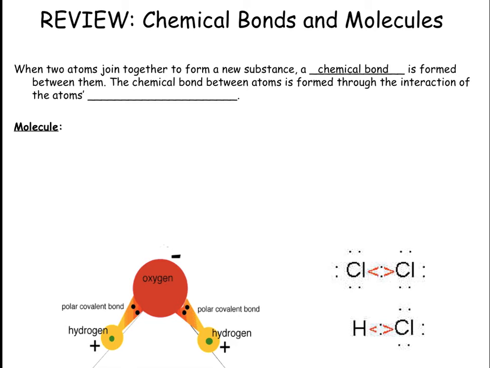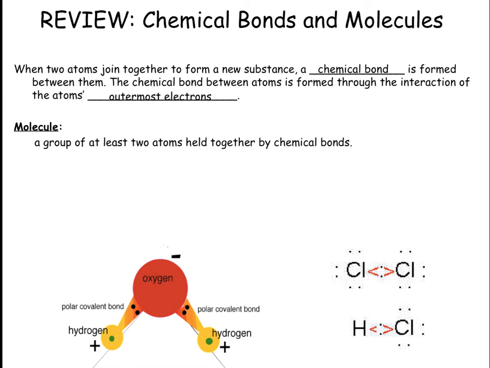Now, what we didn't tell you last year, but you may have wondered, is what exactly makes the bond form between atoms? Well, the chemical bonds between atoms are formed through the interaction of the atom's outermost electrons. And of course, once those bonds form between two or more of these atoms, the group of stuck-together atoms is now called a molecule.